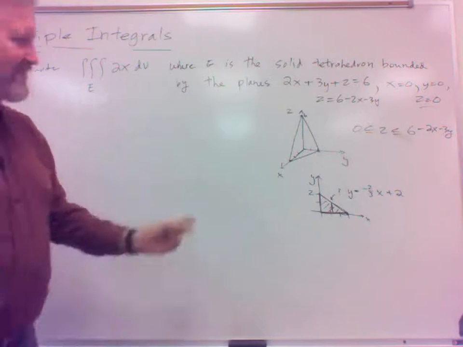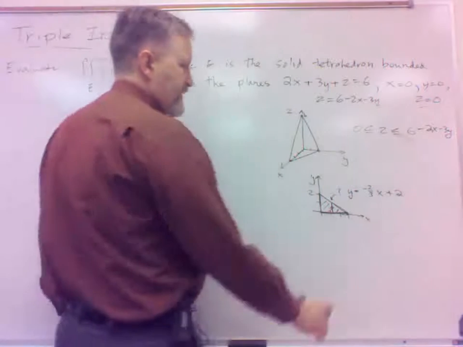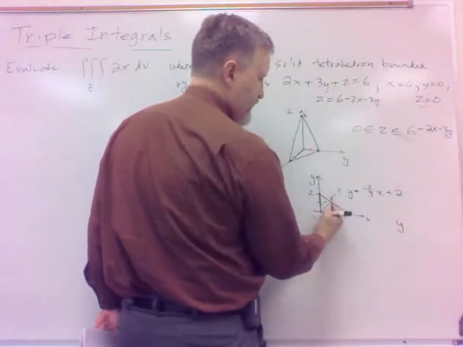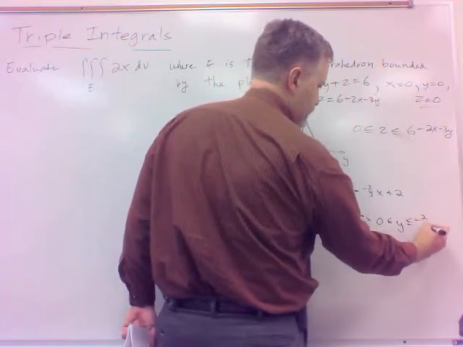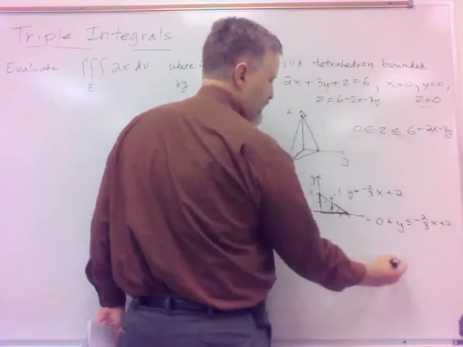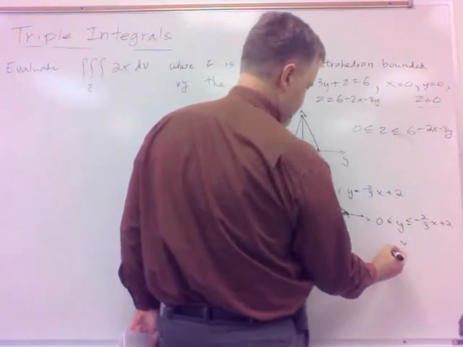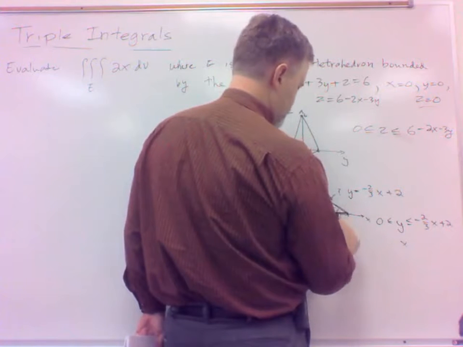You just need to get the equation of that line. So our y's then would range from 0 to that, and then, of course, the x's are going to be from 0 to 3.